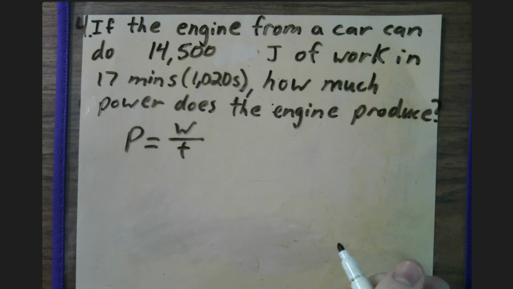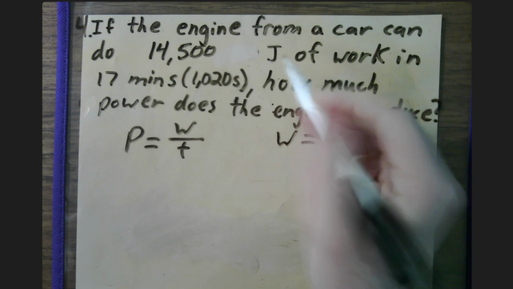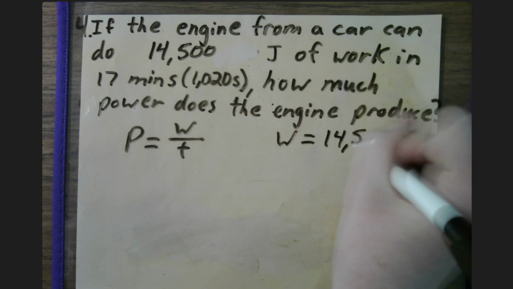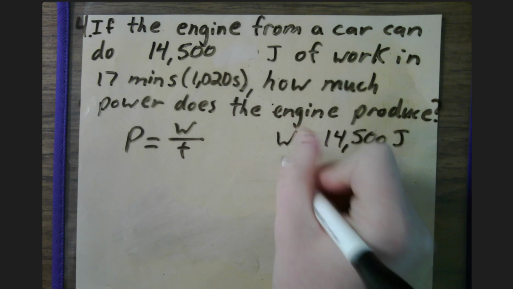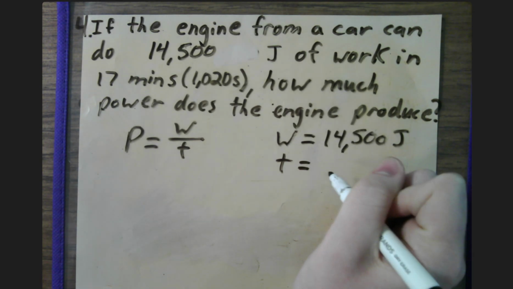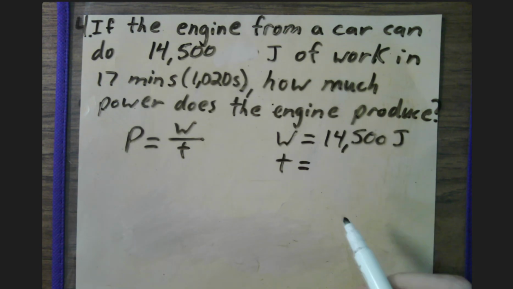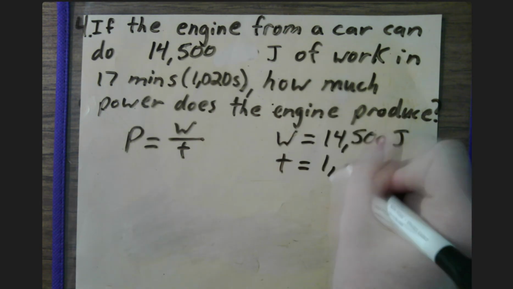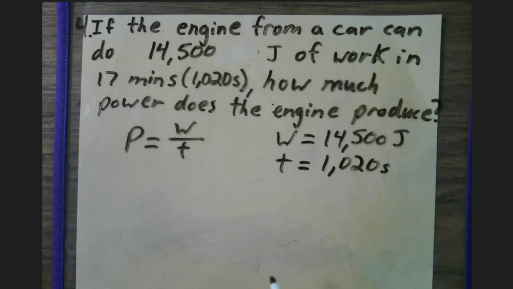So we have work, which is in joules, 14,500 joules is our work. Now our time, a little pointer: power, its units are always in joules divided by seconds. So we're going to use the seconds. 1,020 seconds is our time.